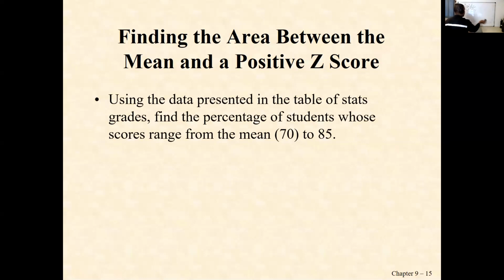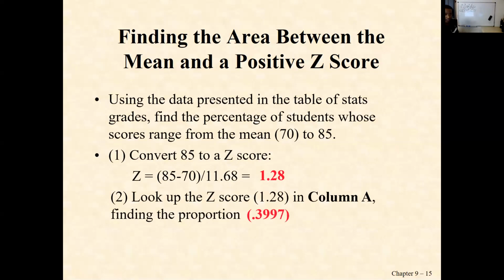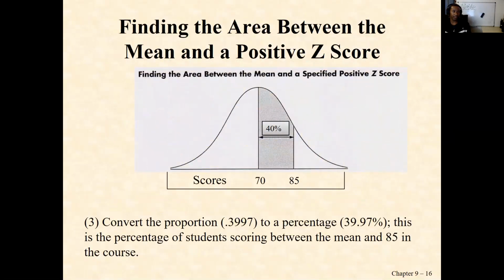We know that 85 minus 70 gives you 15, divided by 11.68, you're going to get 1.28. You take these numbers, you look it up in Appendix B, and what you would find in the B column, which is the area between the mean and that Z value, would be 0.3997. So you know that 40% of the distribution score between 70 and 85. We actually already did that.